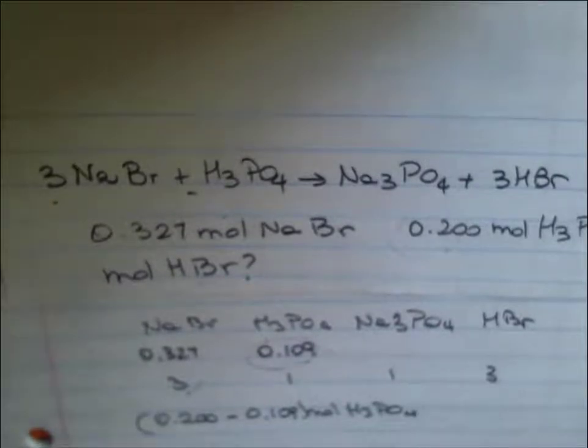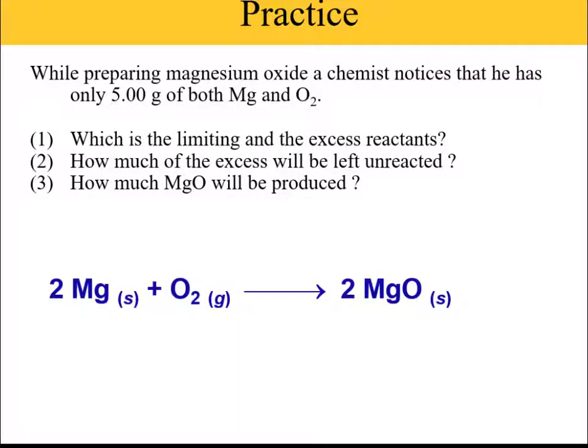In general, we don't always have moles given. We may have moles given, but we also may have masses given. So if masses are provided instead of moles, how do we solve? Let's look at an example, which is the reaction of magnesium and oxygen to produce magnesium oxide.